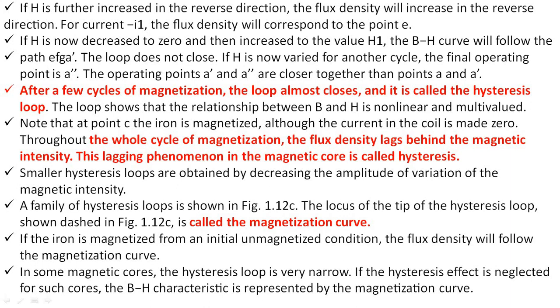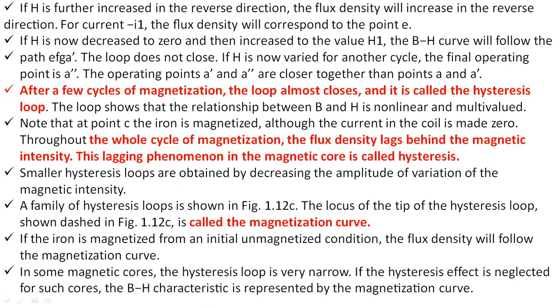The operating points A and A double dash are closer together than points A and A dash. After a few cycles of magnetizing, the loop almost closes and is called the hysteresis loop. The loop shows that the relation between B and H is nonlinear and multi-valued.